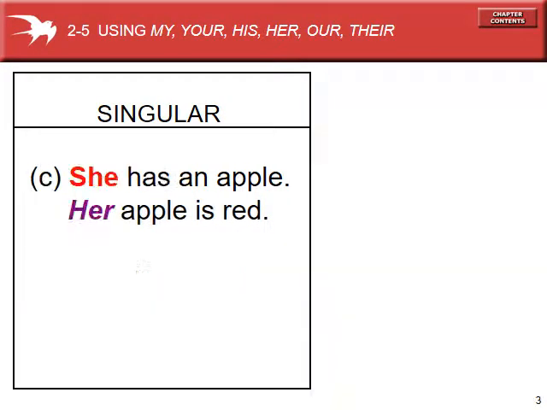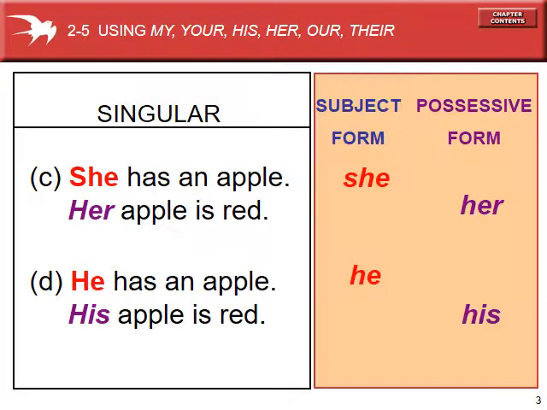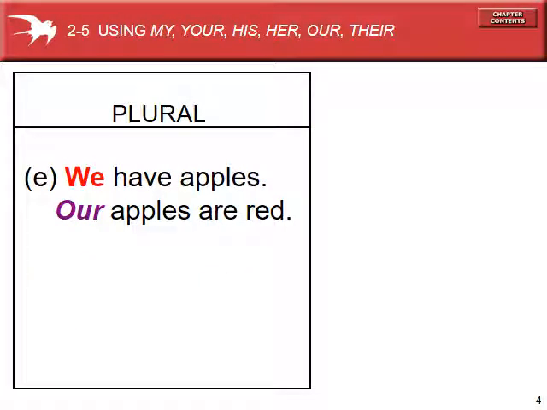If we continue from this, we have she and her, and he and his. So again, the subject form is she and he, and the possessive form is her and his. Moving on to the plurals, we have 2 plurals.